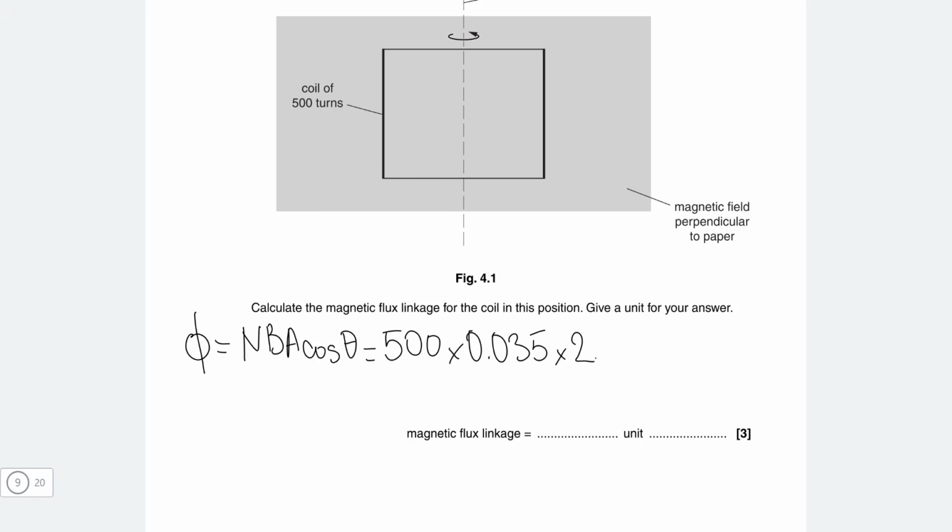Because the angle is 0, I'm just going to write times cos of 0 degrees, which is of course just equal to 1. And this will be equal to about 0.044, and the unit for that is Webers.